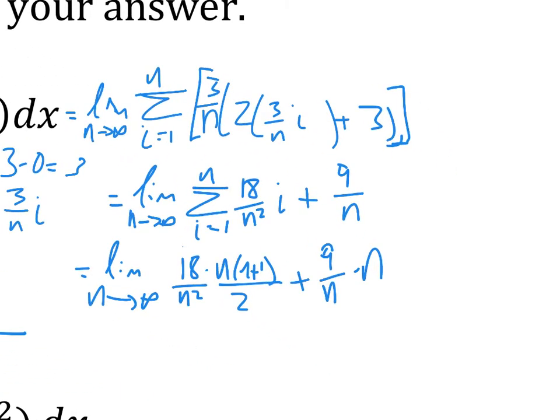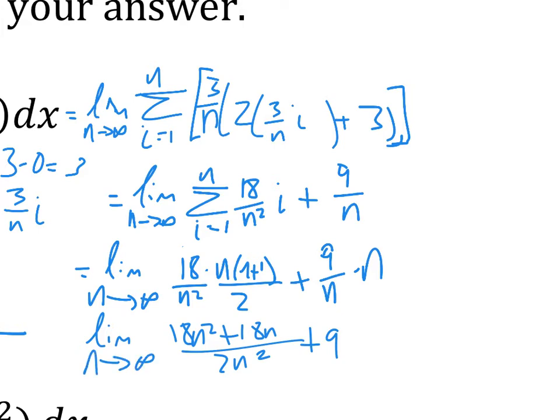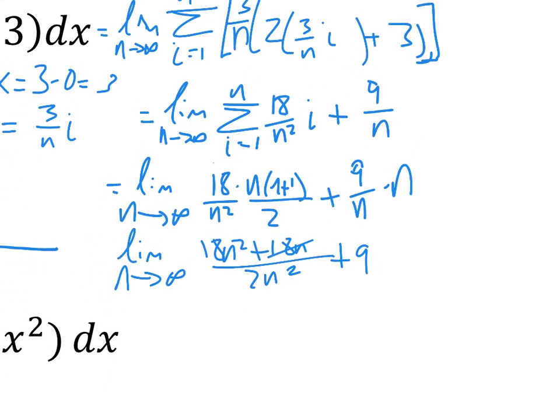So this is just 9, and this is going to be 18n squared plus 18n all over 2n squared. Okay, and as n goes to infinity, the small term doesn't count because it's only a power of n, and we end up with 18 over 2, which is 9. So this is 9 plus 9, which is 18.